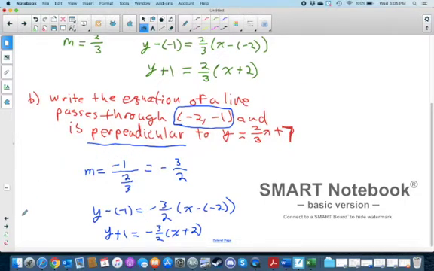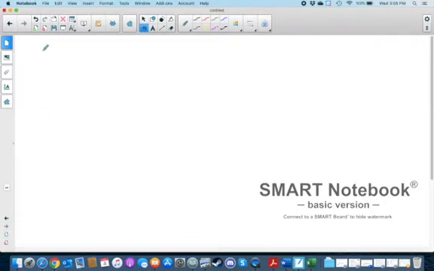So, essentially, what do we have? We have our slopes that we need to consider. So the slope determines parallel or perpendicular.